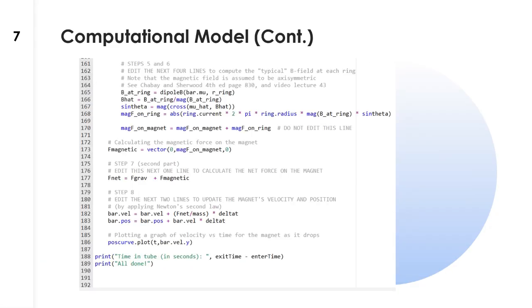So putting it all together, we have the magnetic force calculated, and then the net force, which is just gravitational force plus magnetic force, and then the bar velocity, which will decrease because it's going down, based on the acceleration, which is based on the net force. So net force divided by mass times change in time, and then the position, which will also decrease based on the velocity of the bar, as you can see here.